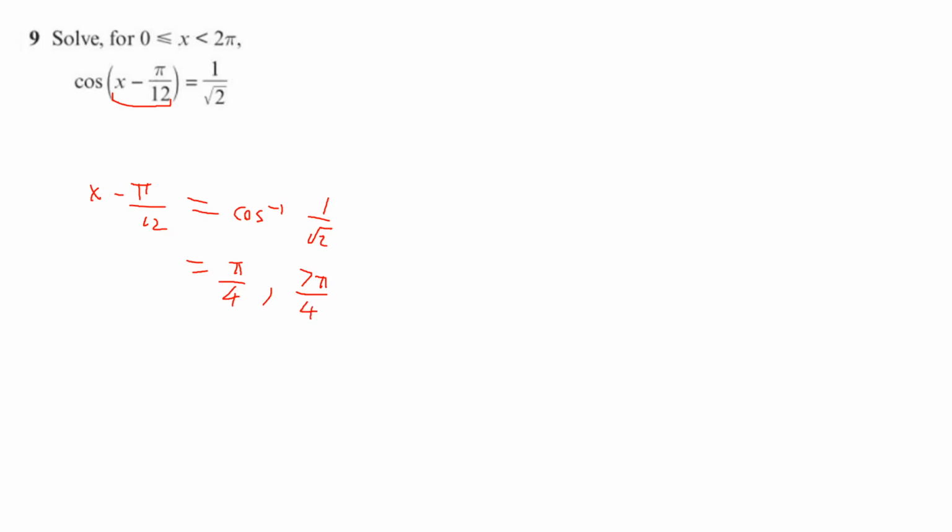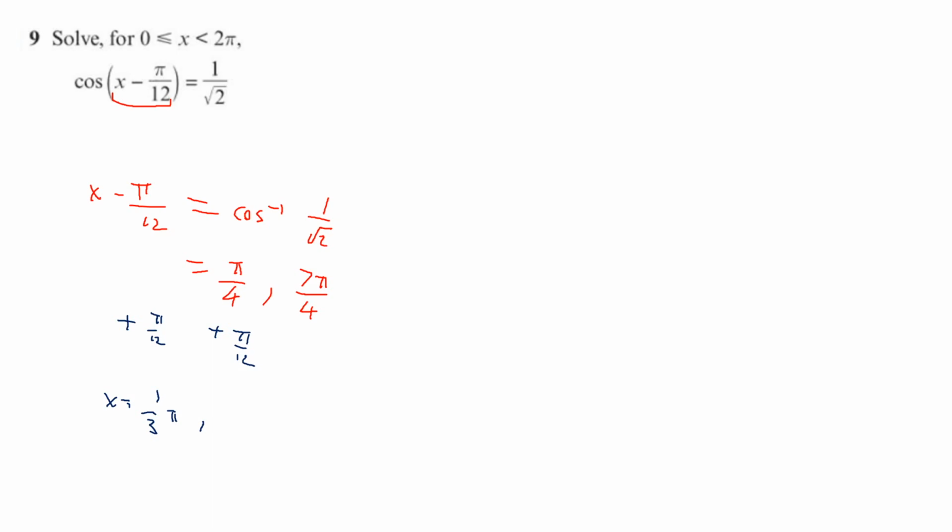Now we solve that like a linear equation. So what we'll do is add pi over 12 to both sides. When we do that, x should be equal to a third pi.